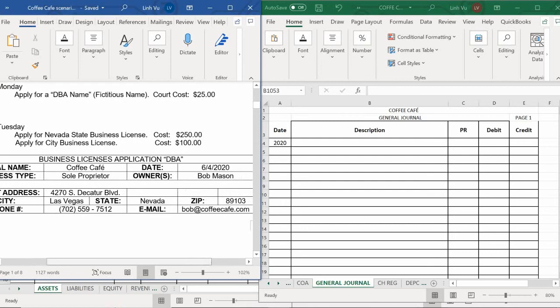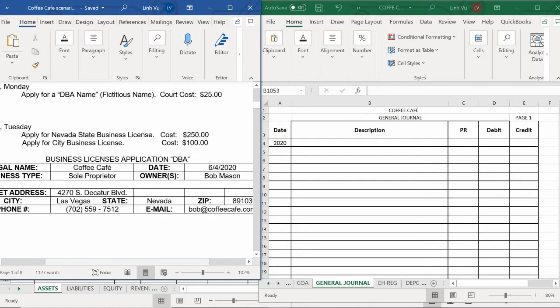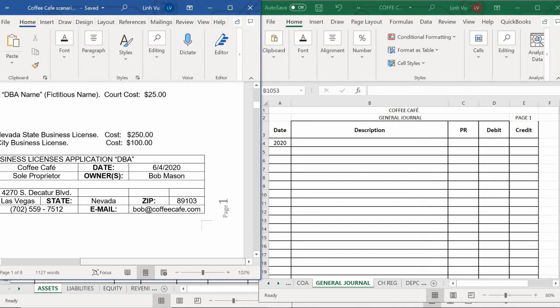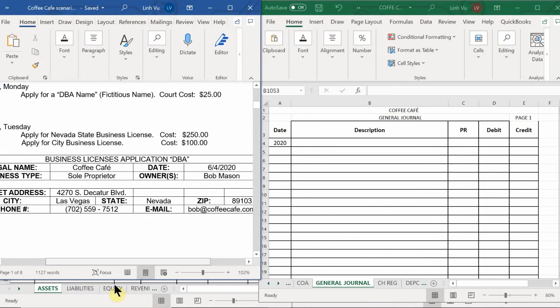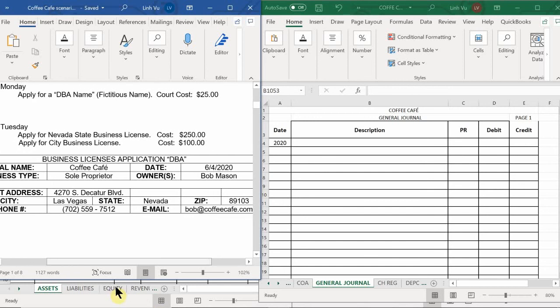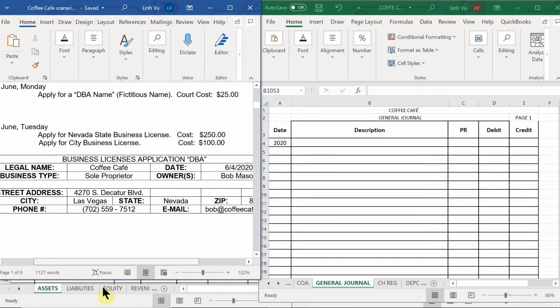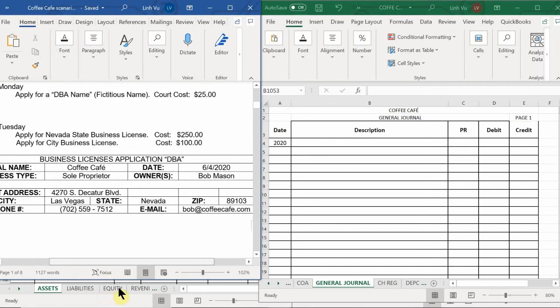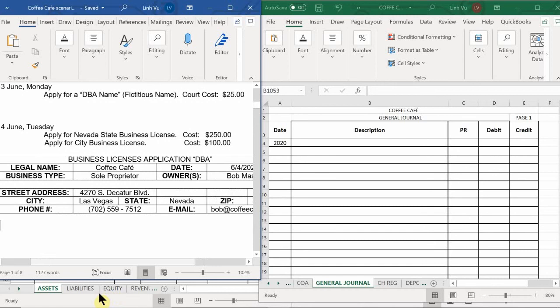There's my fake phone number, and then here is my email, bob@coffeecafe.com. So here I'm submitting to the state and the local agencies that I want to do business as a sole proprietor. And I submitted my application.